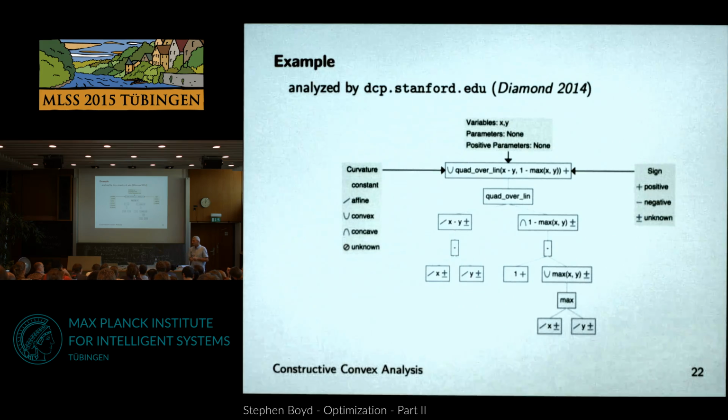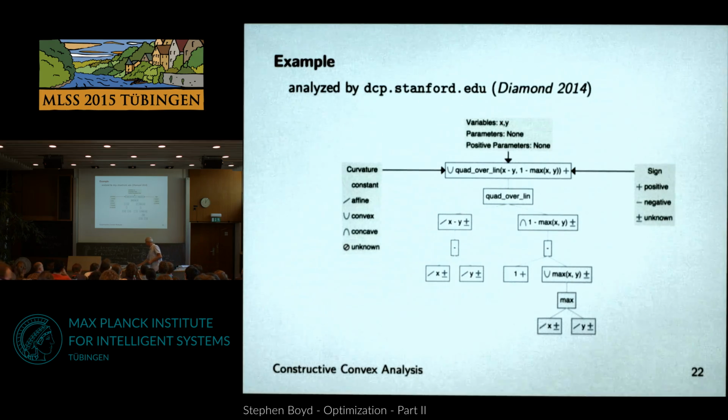Go to the composition rule and take the outer function to be h of u equals minus u. Now, that function is concave, right? And it's decreasing. Therefore, h of convex is concave. Done. Trust me.